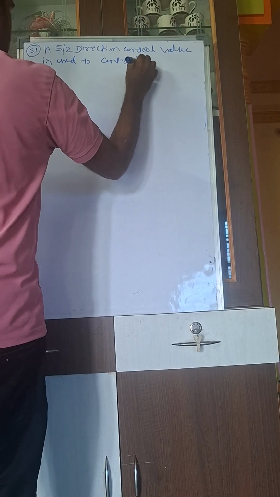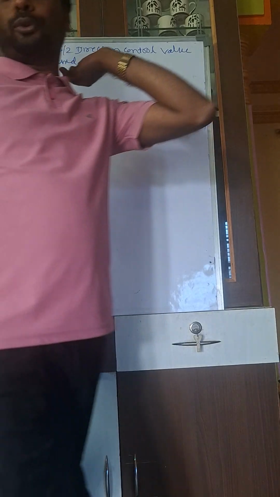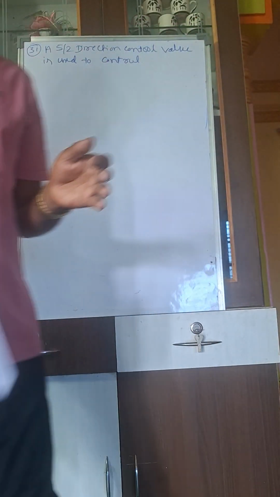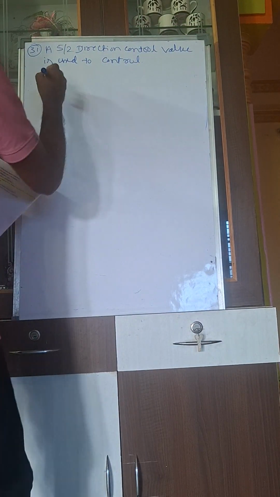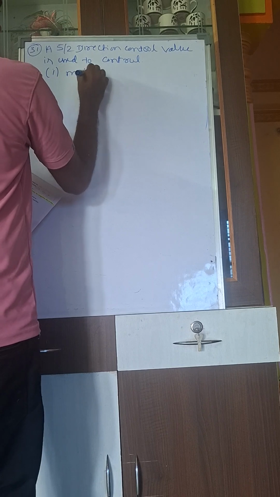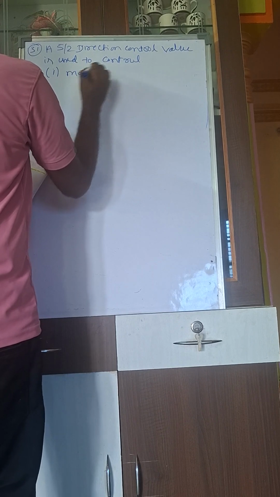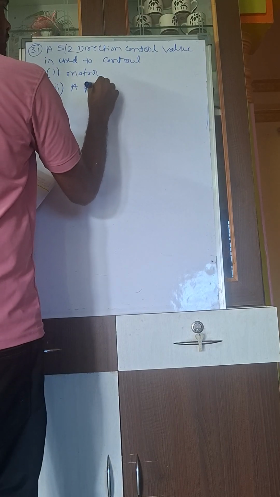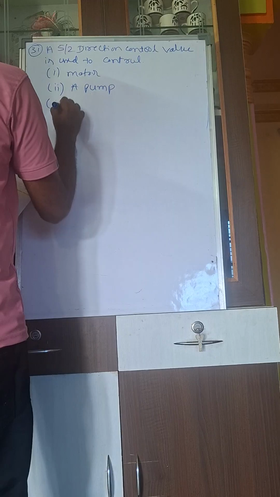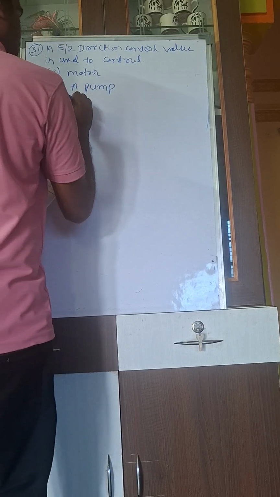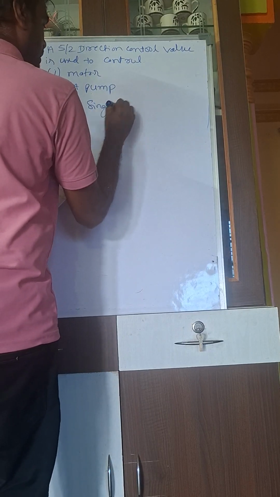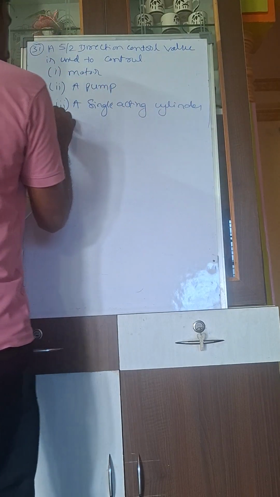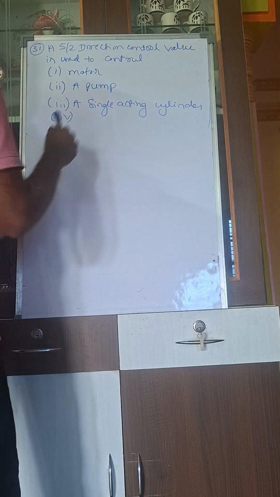This is the pneumatic system and hydraulic system you are using with the 5 by 2 direction control valve. First one, motor. Second one, a pump. Third one, a single acting cylinder. Fourth one, a double acting cylinder.